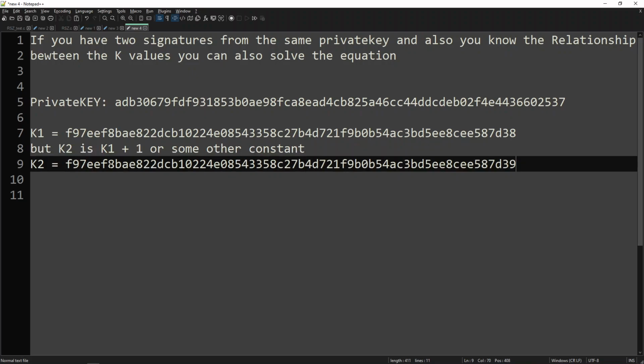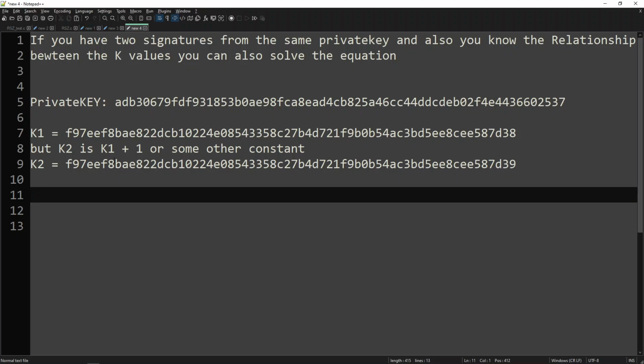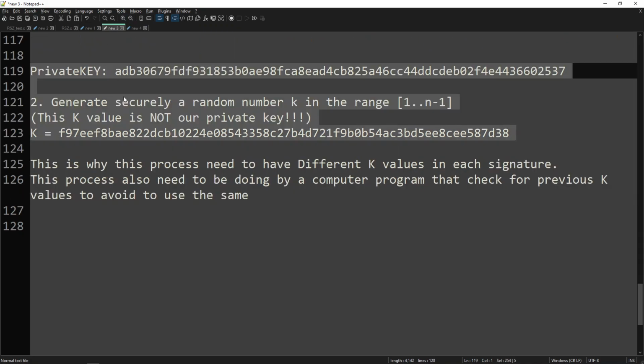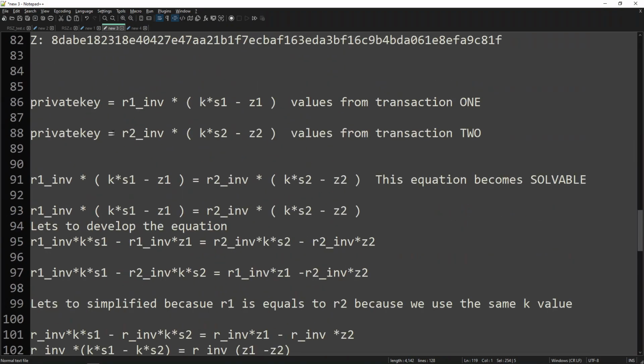Let's say K2 is this value. So this equation, let me copy the equation.